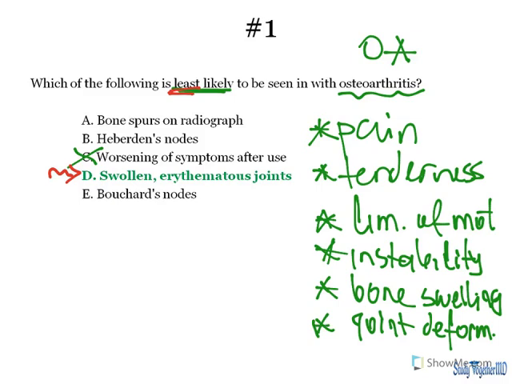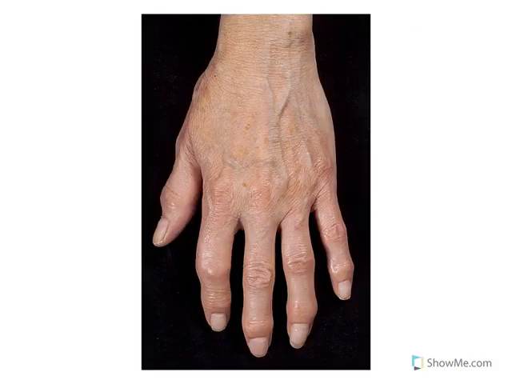Joint deformity is a sign of advanced joint damage. It is especially seen in hands, and therefore we can appreciate Heberden's nodes and Bouchard nodes. Okay, so let's take a look at this photo here so we can appreciate Heberden's nodes in DIP joints and Bouchard nodes. They're bony swellings that can develop in PIPs.